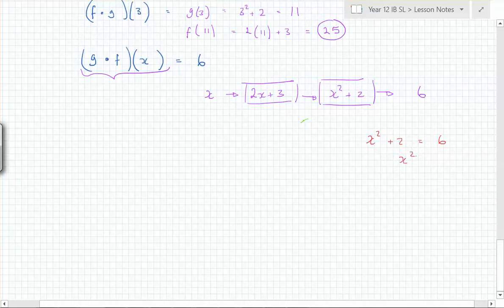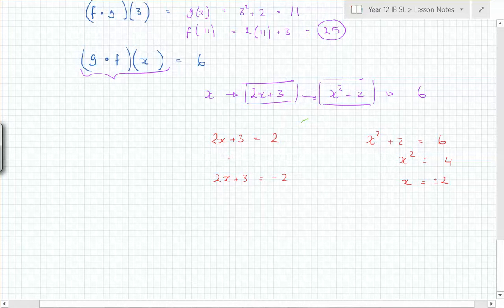So x squared equals 4, which means x must equal 2 or minus 2. That's the thing, isn't it? Plus or minus 2. So we have got to be a little bit careful. So actually now, from here, we've got to split into 2 parts. So we've got to have, well, 2x plus 3 equals either 2 or equals minus 2. So we actually potentially have 2 starting points here.